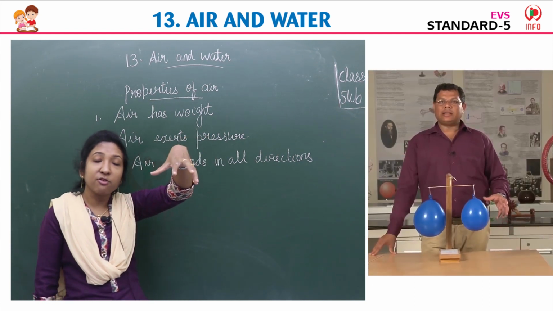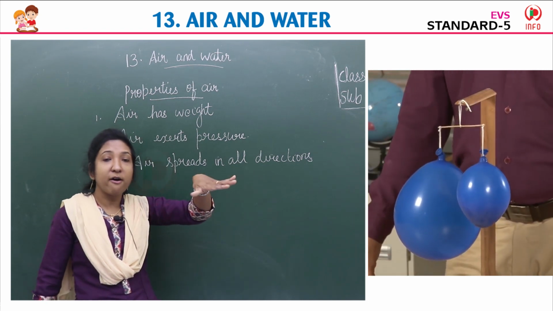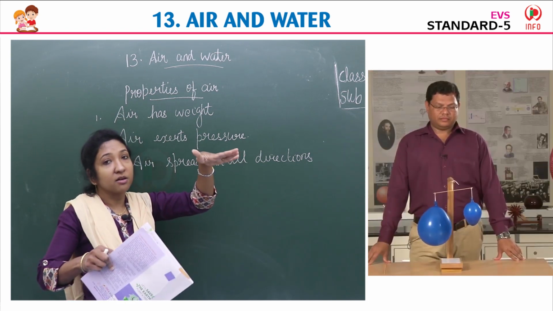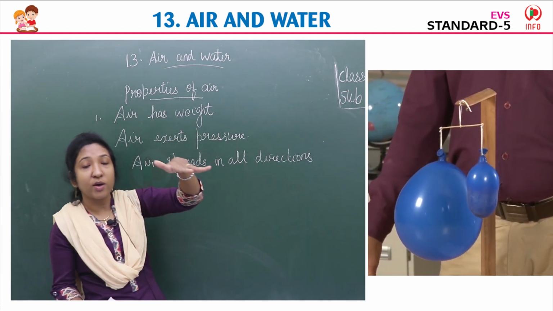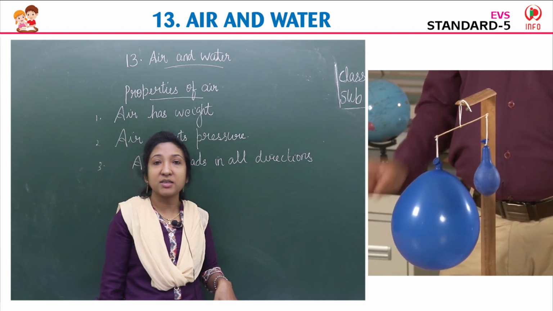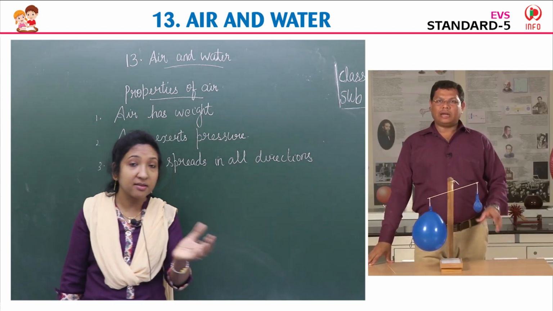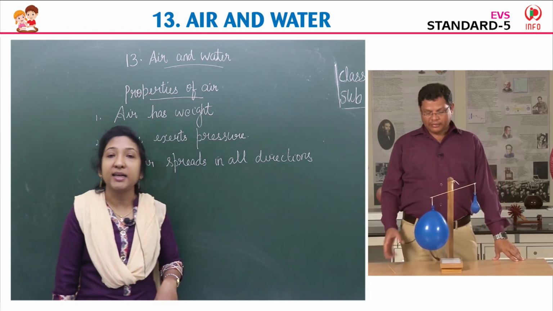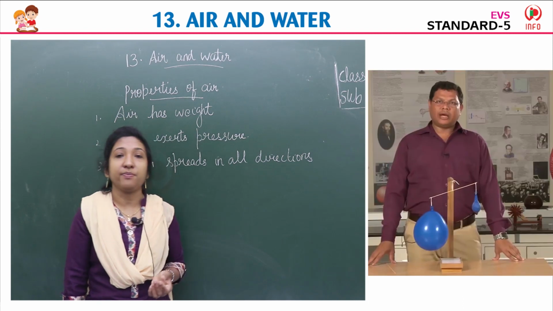Then if you prick a balloon, what happens? That balance will go off and the stick will tilt down to the side where the balloon filled with air is. That means air has weight.